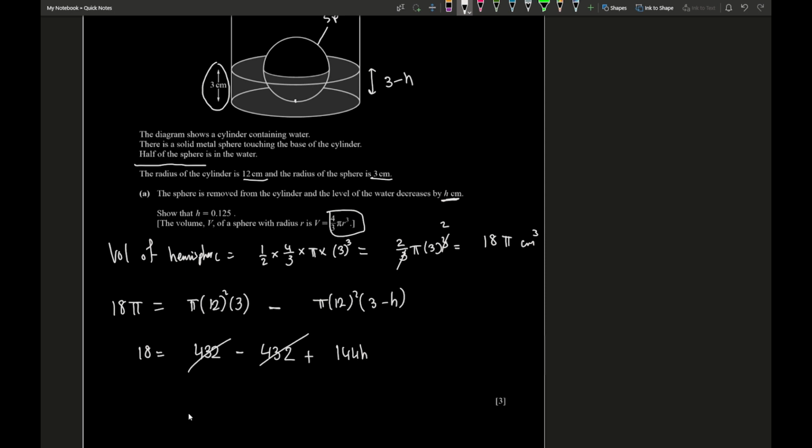Okay, so now 18 is equal to 432 minus 144h. Divide by 144 from both sides to find the value of h. So h is equal to 18 divided by 144, which is equal to, hopefully, 1/8, which is 0.125. We solved it correctly. I hope that was easy.